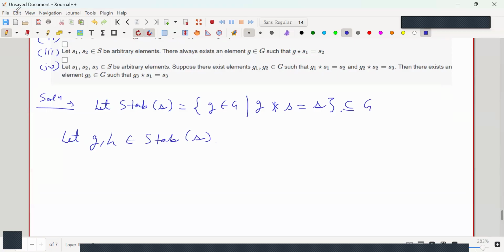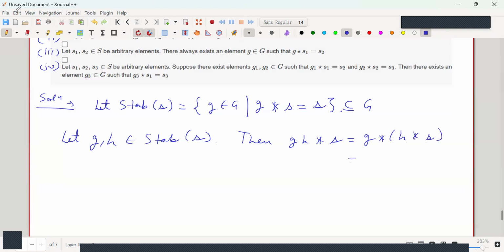So, g star h star of s is the same as g star h star s, right?